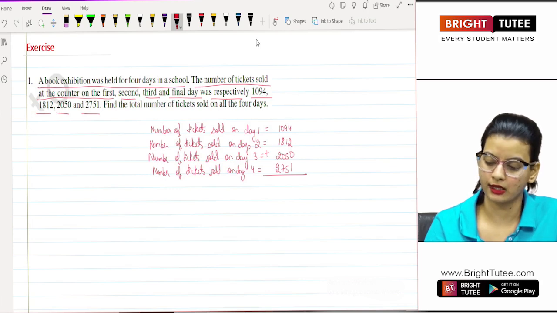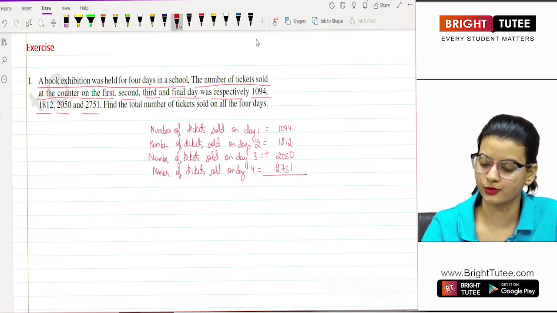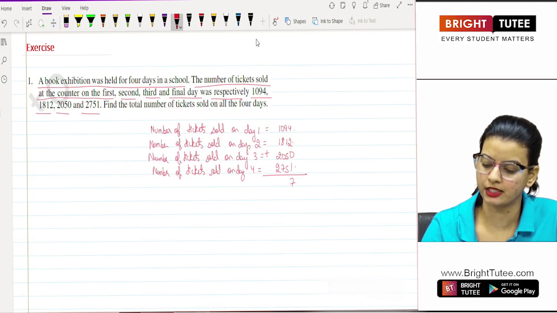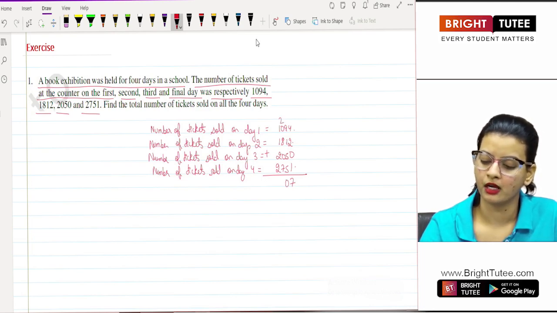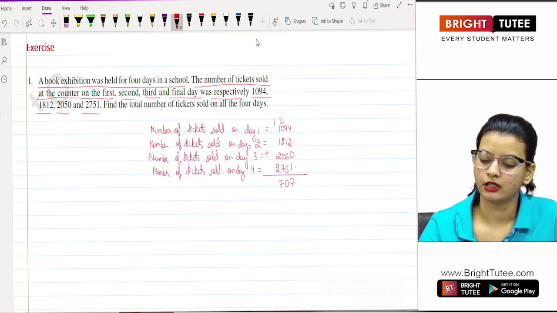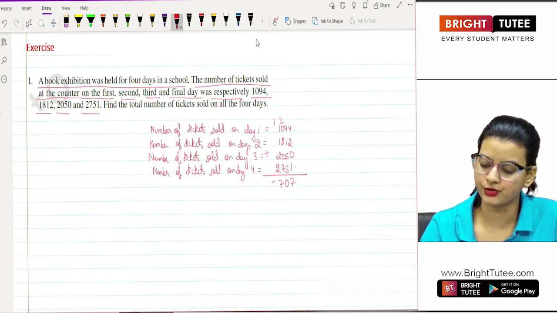So we'll calculate this. We have to add these. So 4 plus 2 is 6, plus 1 is 7. 9 plus 1 is 10. 10 plus 5 is 15, plus 5 is 20. So 0, carry over 2. 2 plus 8 is 10. And 10 plus 7 is 17. So 7, carry over 1. Now 1 plus 1 is 2, plus 1 is 3. 3 plus 2 is 5 and 5 plus 2 is 7.